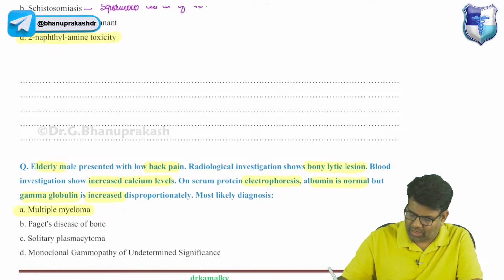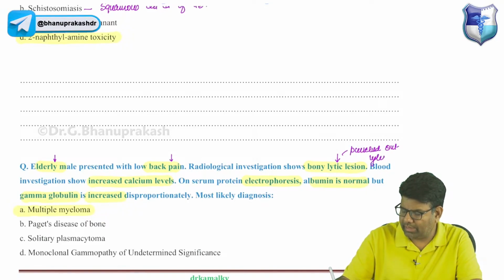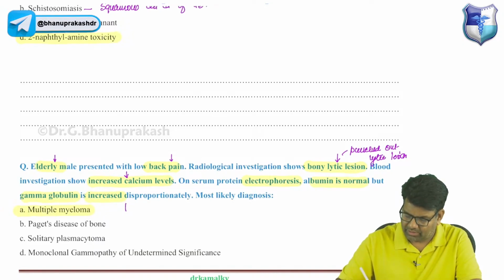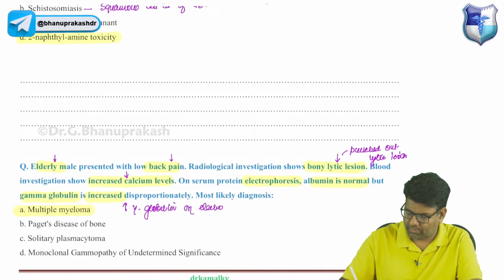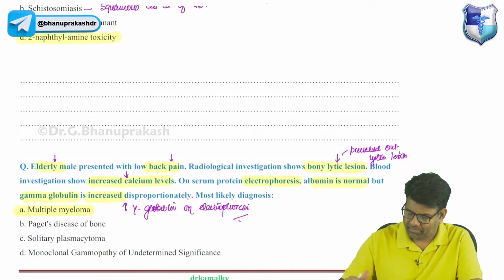So again, you can see an elderly person with low back pain, then bony lytic lesions, that is, if you do a skull X-ray, you can see punched out lytic lesions, right? There is hypercalcemia, raised gamma globulin on electrophoresis. All goes in favor of multiple myeloma. Clear?